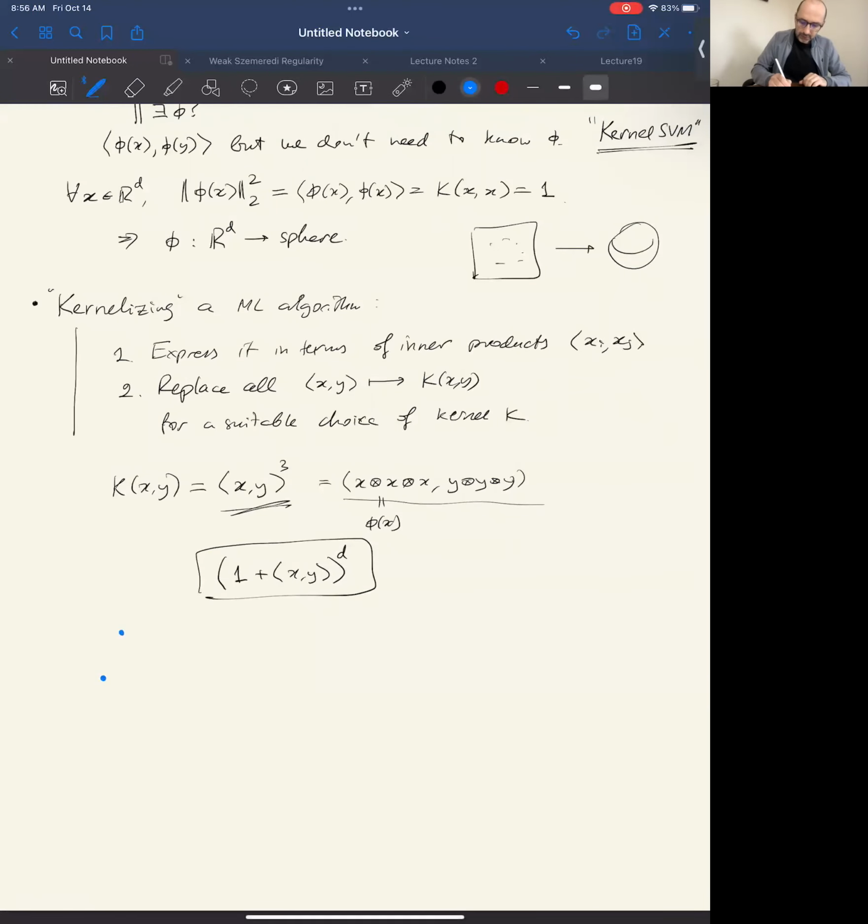So for example, if the data is like this, what you don't want to do is to find a very complicated surface that would do something like this.